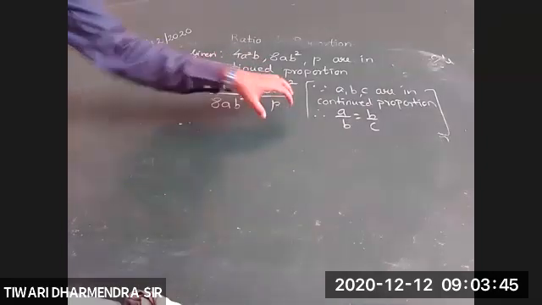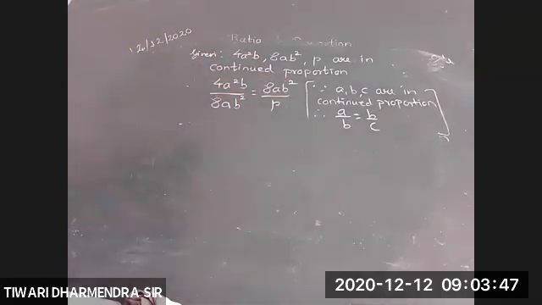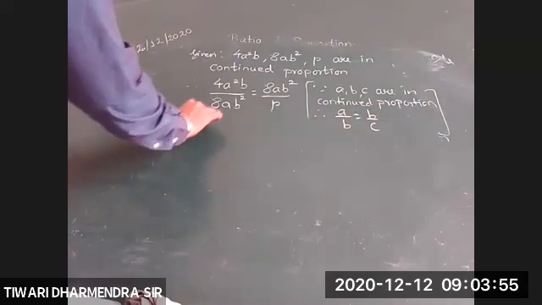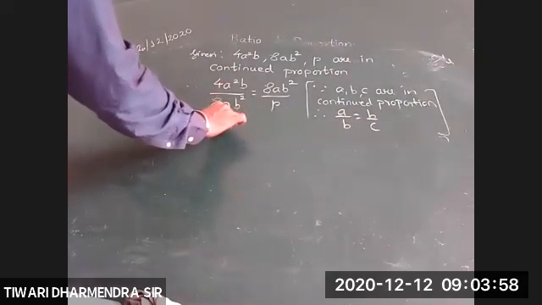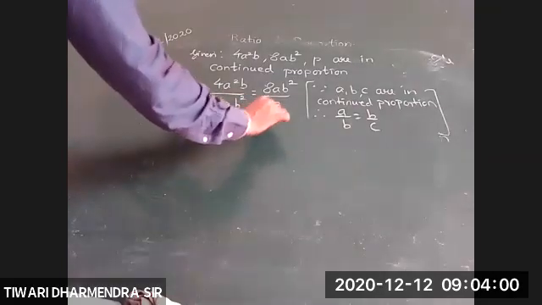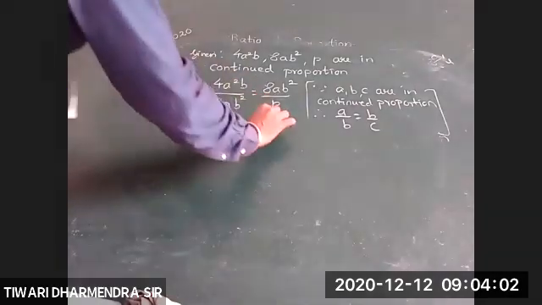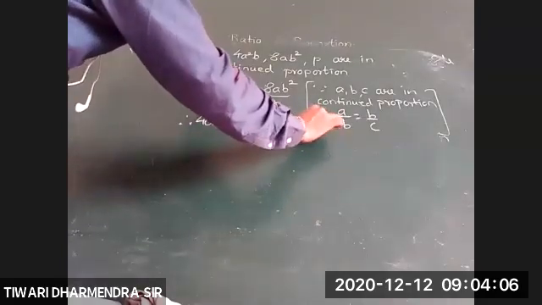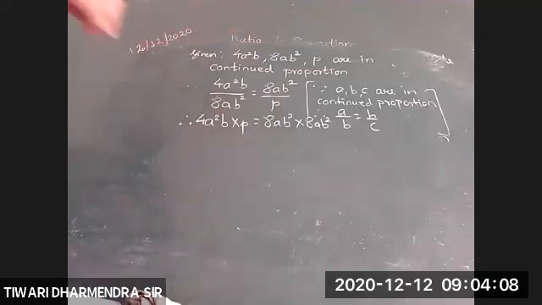The number which was in the denominator on the right hand side will take a multiplication form when we take it to the left hand side. Okay. So therefore, 4a square b into p is equal to 8ab square into 8ab square.